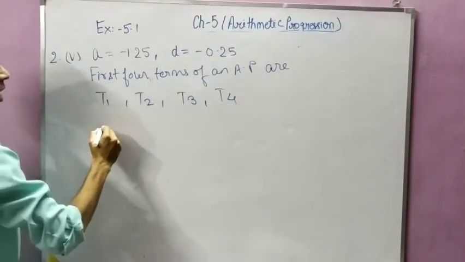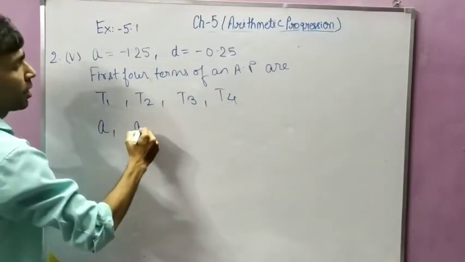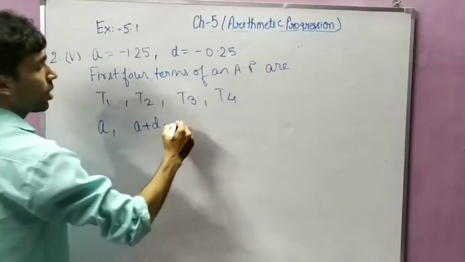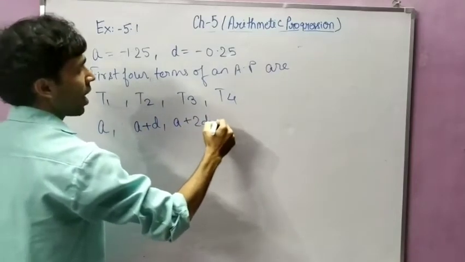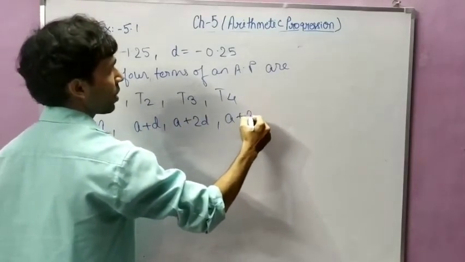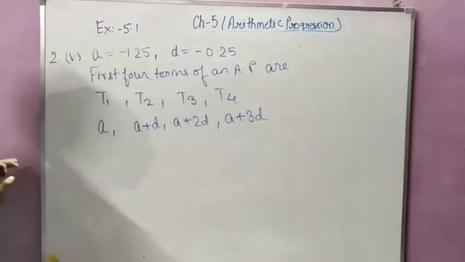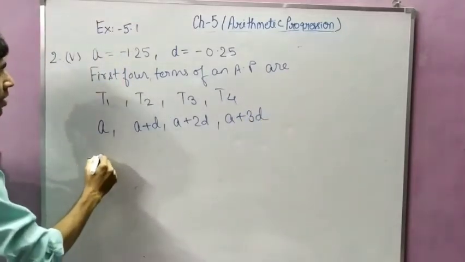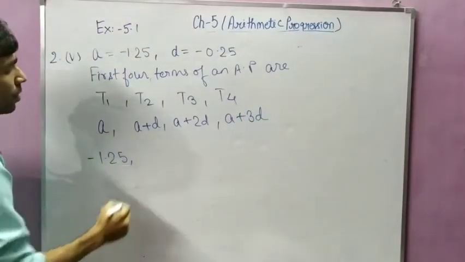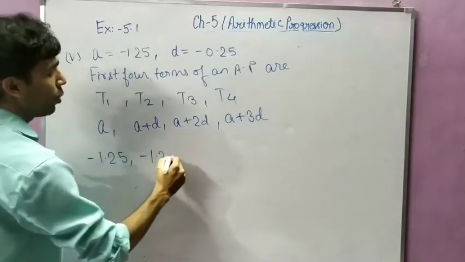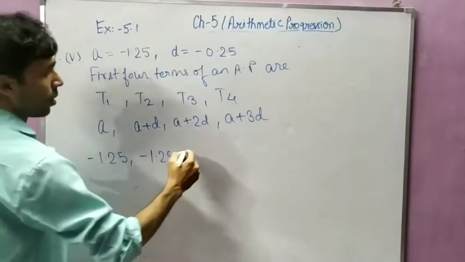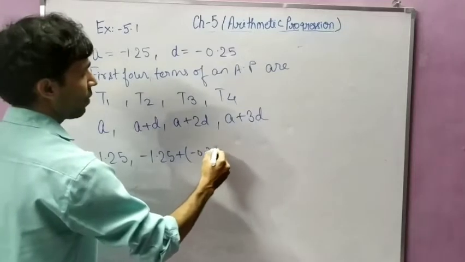The first term can be written as A, the second term as A plus D, the third term is A plus 2D, and the fourth term is A plus 3D. Now put all the values. The value of A is minus 1.25. In that case, minus 1.25 plus minus 0.25 is the second term.